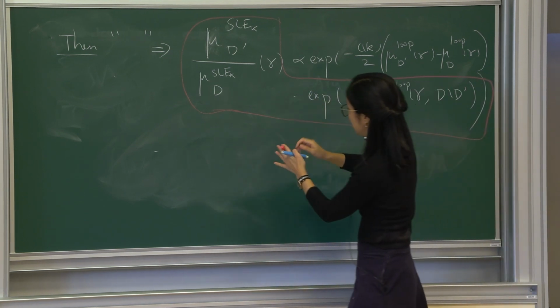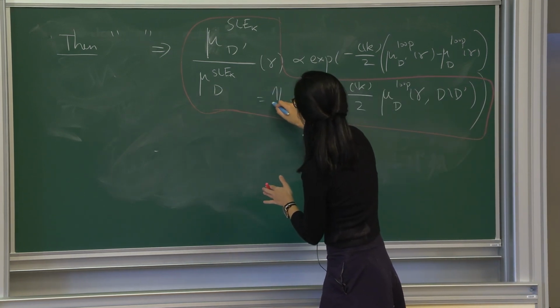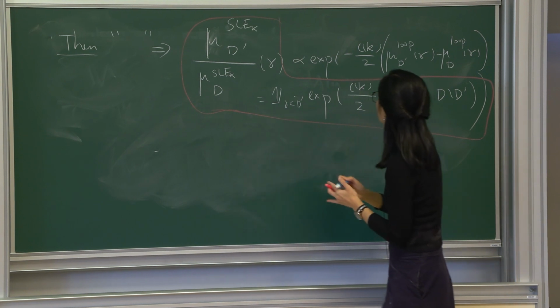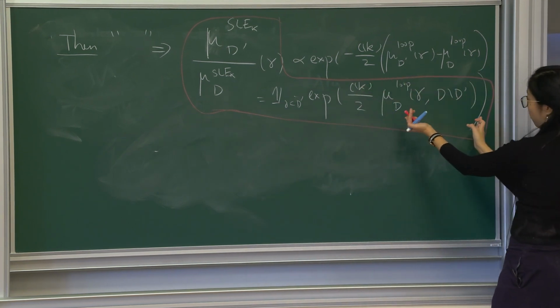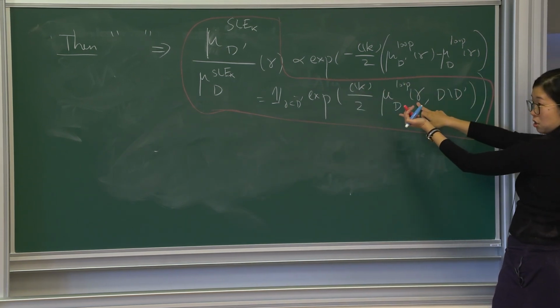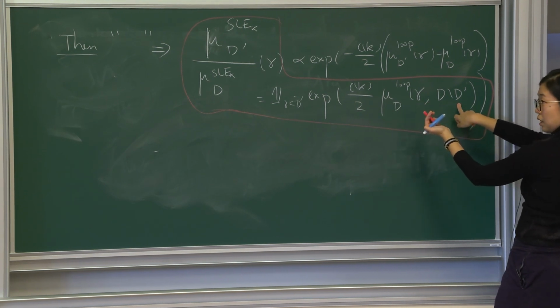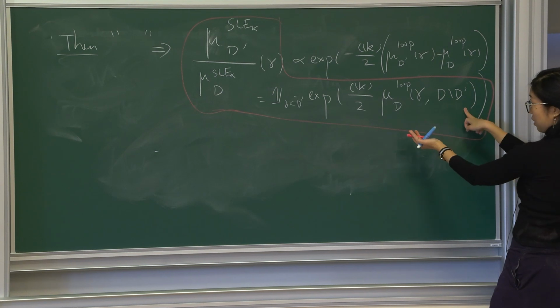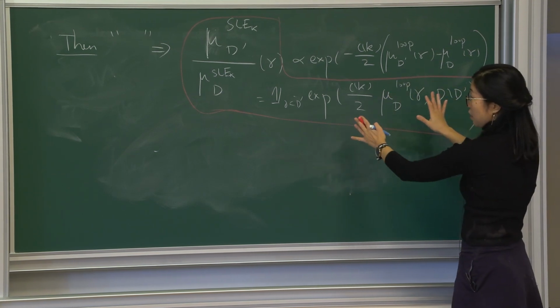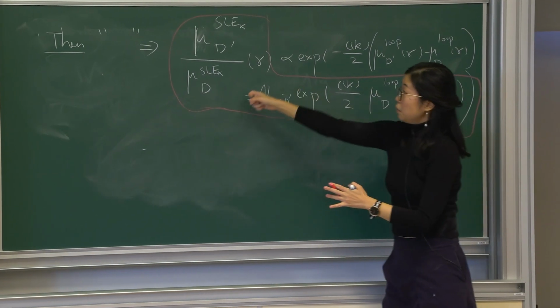I'm missing the indicator function that gamma should be inside D prime. But then this weight is given by the total mass of loops which touches your curve and the set that you are taking out. And this is a finite thing and everything makes sense. And this can be actually proved.